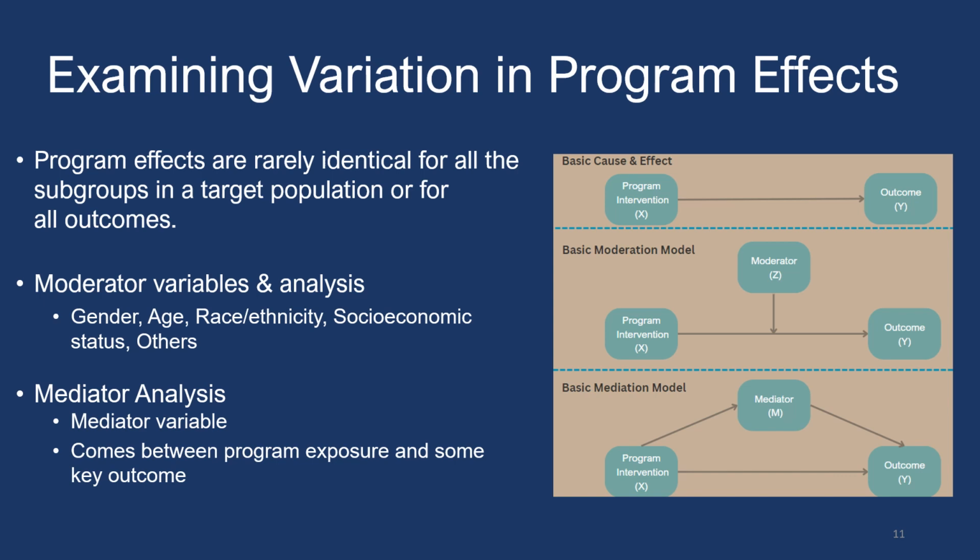Mediation tests whether the effect of our independent variable, which is our program, on y, our outcome of interest, operates through a third variable. It helps to address the how relationship by giving us insight into the change process.